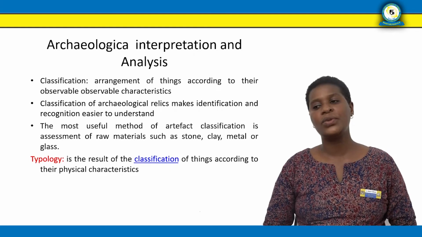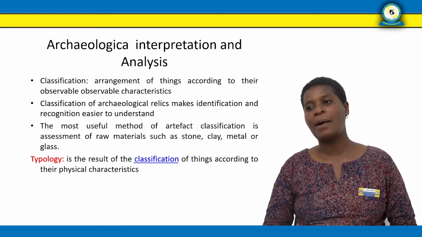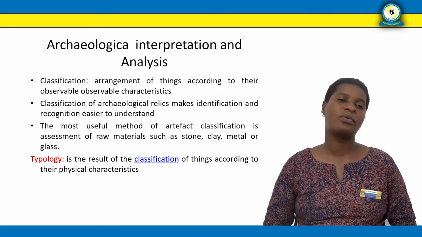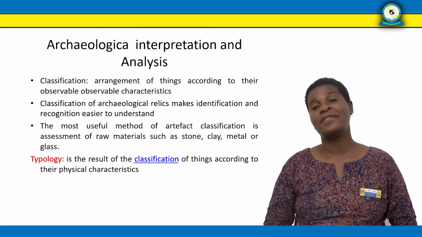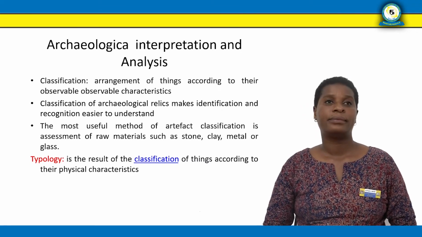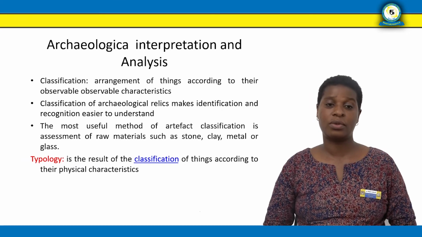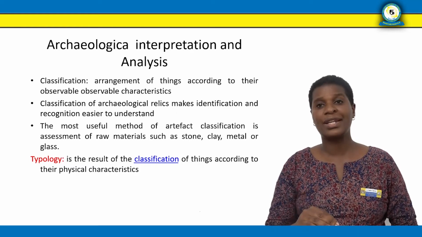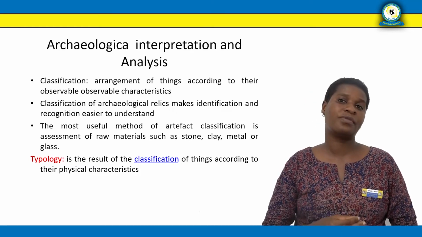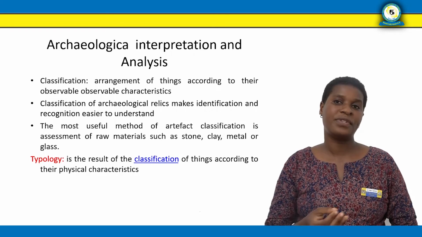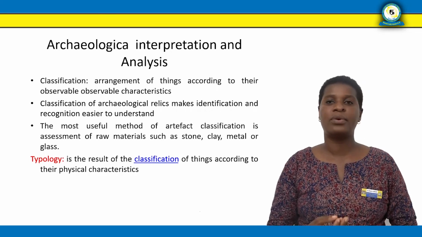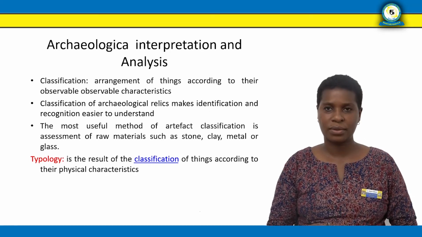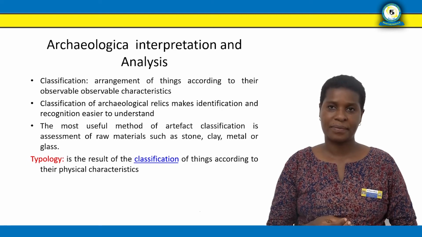The first thing, when you come with your bag of excavated materials, you have to do what we call classification. When you are doing an excavation, you encounter a lot of materials of different nature. There are bones, there are metals, there are lithics.